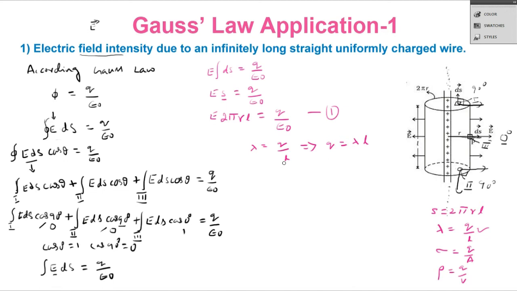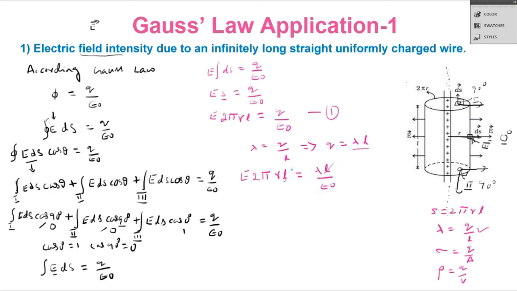Because I'll send this L to this side, Q will become lambda L. In the place of Q, you substitute lambda L in equation 1. So you will get E into 2 pi r L is equal to lambda L divided by epsilon naught.